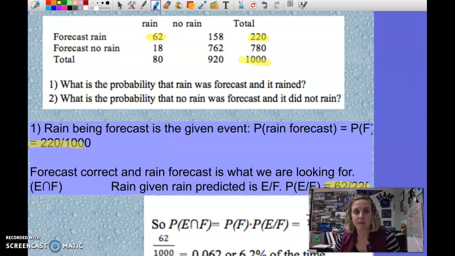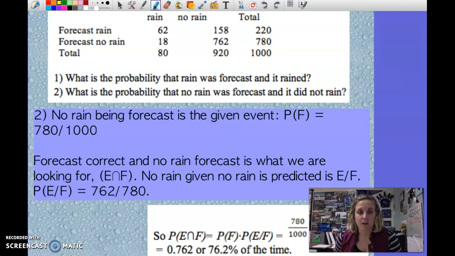The probability that no rain is being forecasted is 780 out of our total. And again, how many times did we make that prediction correctly? Our prediction was 762 forecasted no rain, and it didn't rain, out of that 780. So that's where we got this one.